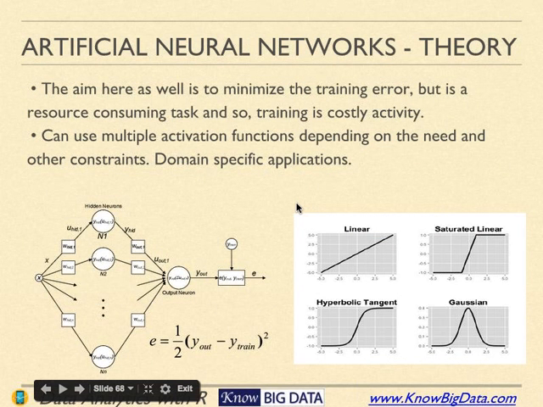The aim here is also to minimize the training error, but it is a resource-consuming task, so training is a costly activity. Training a neural net is very, very costly, while using a neural net is very easy.